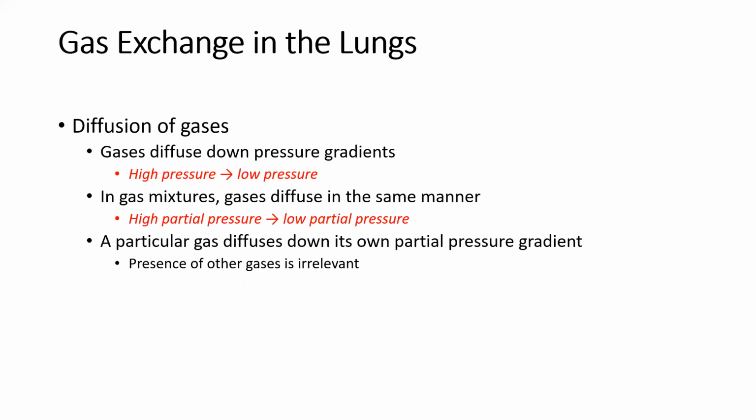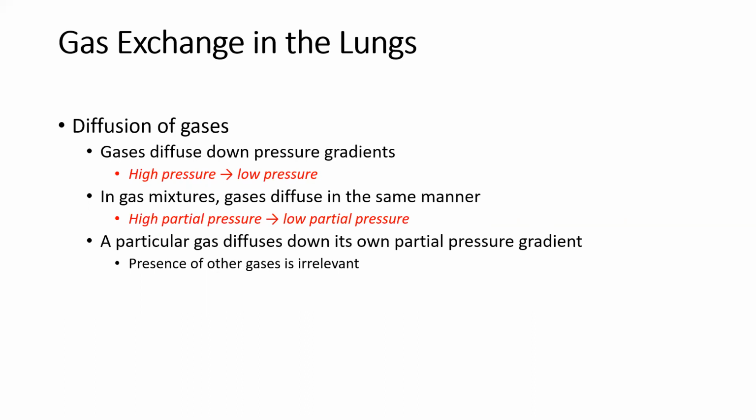Okay. In other words, if I'm thinking about oxygen as a part of this mixture of gas, the movement of oxygen is only influenced by the partial pressure of oxygen. So oxygen will move from a place of high partial pressure to a place of low partial pressure, and it will not be influenced by the partial pressure of the other gases that are also in that mixture. All right.